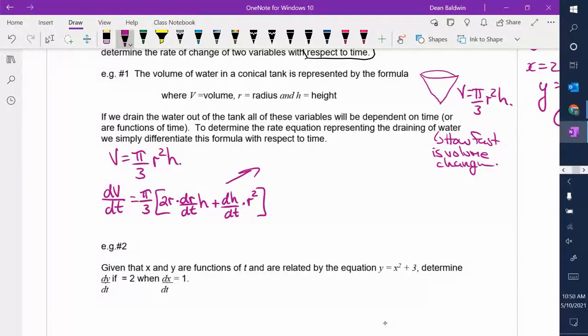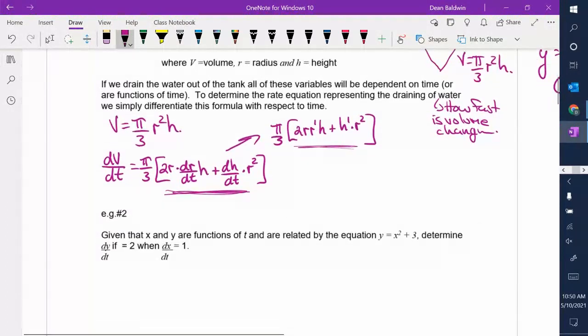So you could write this, pi over 3, 2r, r primed times h plus h prime times r squared. The problem with the primes is you can get confused with them being ones too, okay? I would prefer this, university would prefer that, but if you write this, I won't mark it wrong, okay?